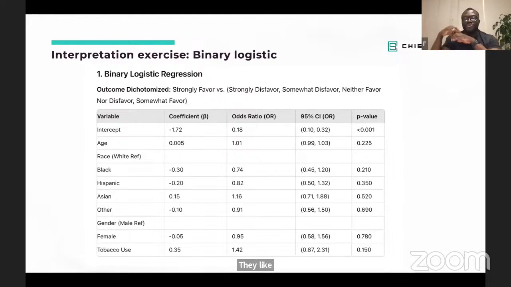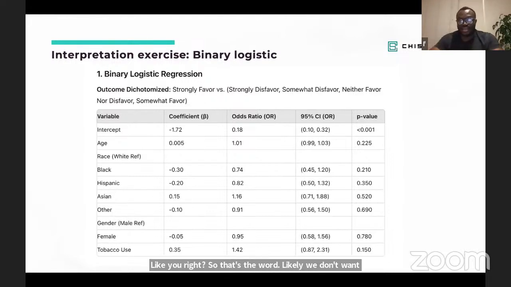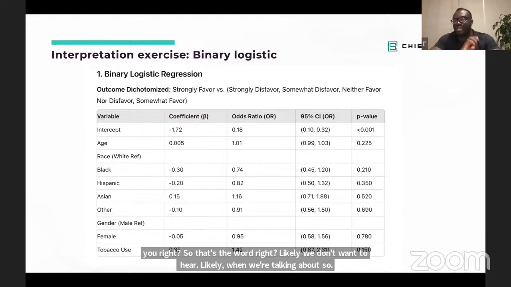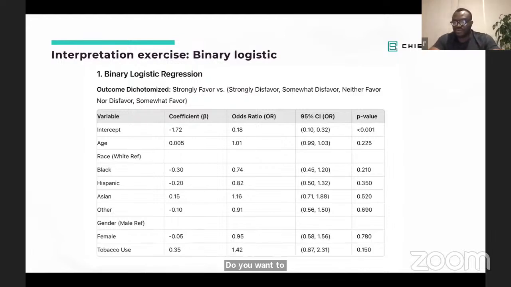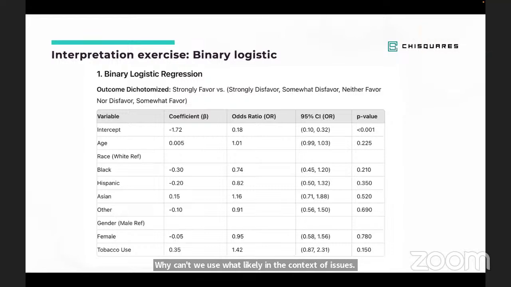So do you want to reframe, or does somebody else want to help reframe the answer? And who can explain to us why we don't want to hear the word likely? We talked about this extensively in the last class or 2 classes back. Why can't we use the word likely in the context of odds ratios? Tony?